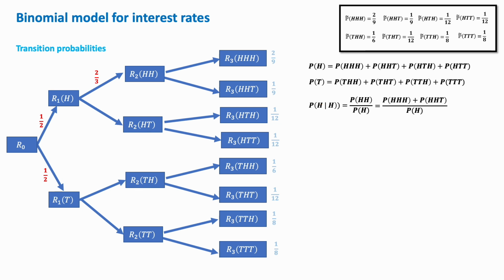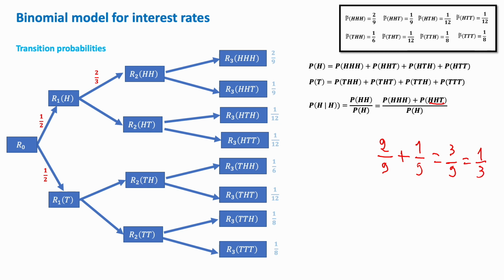And when you do this math, you'll find that it is 2/3. Maybe we can go through one calculation. I'm not going to go through all of them, but just a few. The probability of HHH is 2 divided by 9, plus the probability of HHT, which is 1 divided by 9. That is 3 divided by 9, which is 1/3.